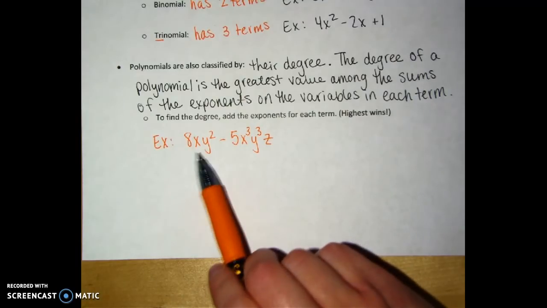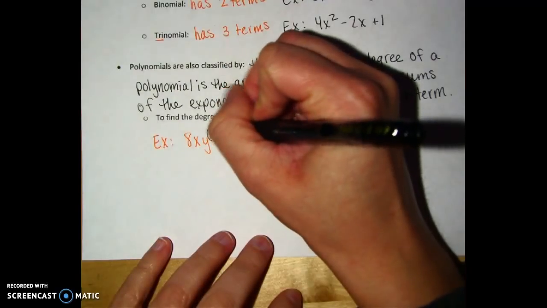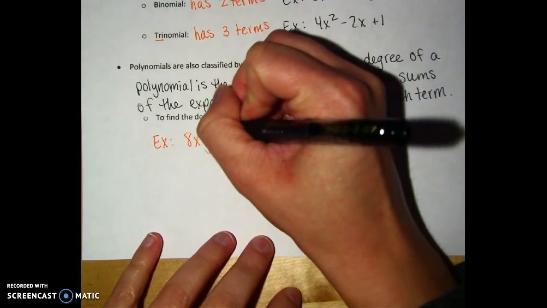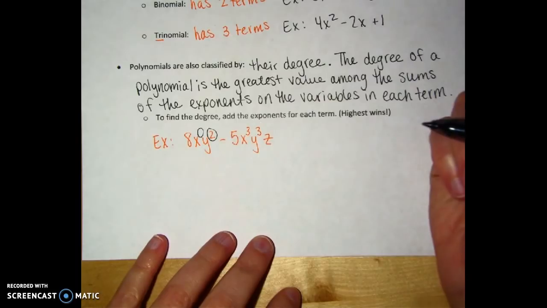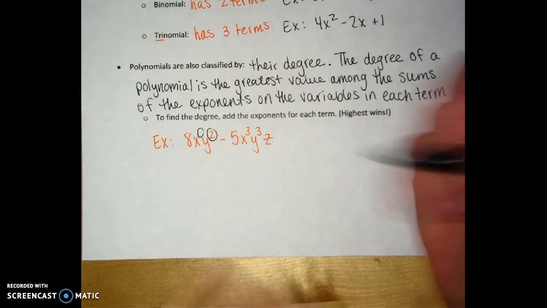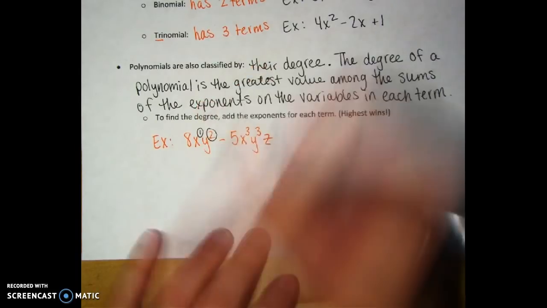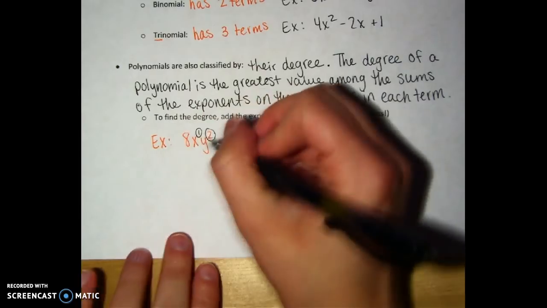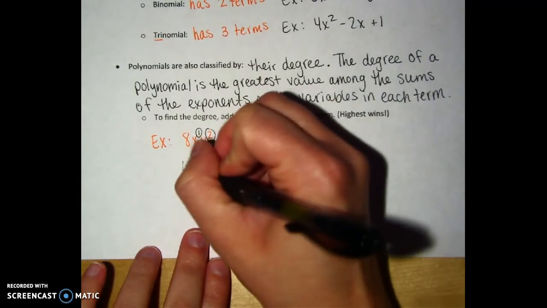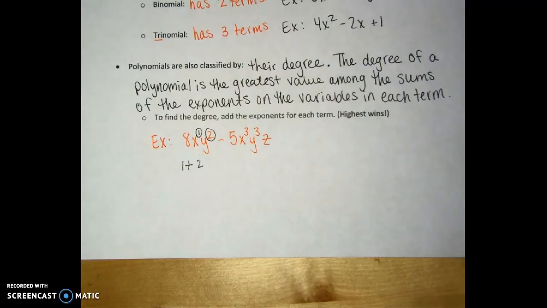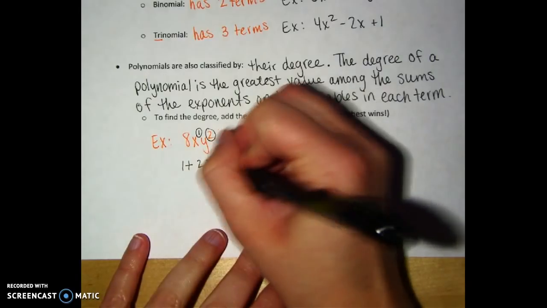So looking at this one right here, I have an exponent here, and there's a hidden exponent right there. If there's not an exponent with a variable, you can assume that it's 1. So for our exponents here, we have 1 plus 2. The 8 does not have an exponent with it, only variables do. So 1 plus 2 is 3.